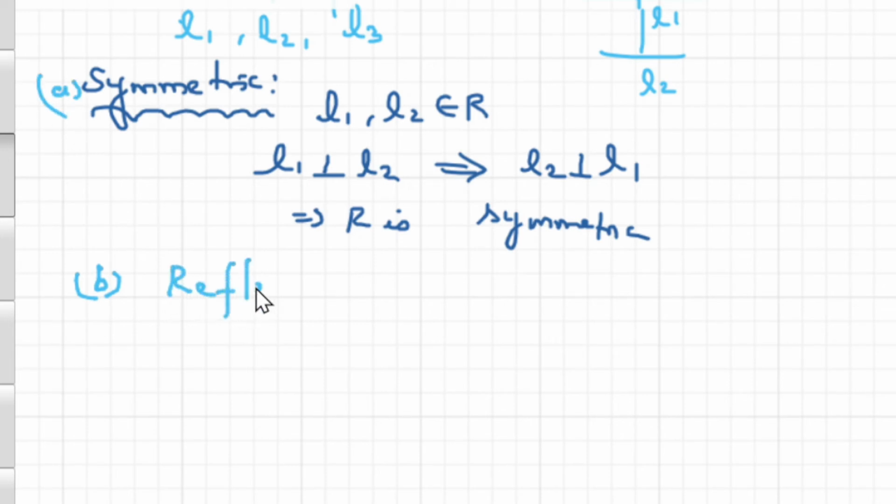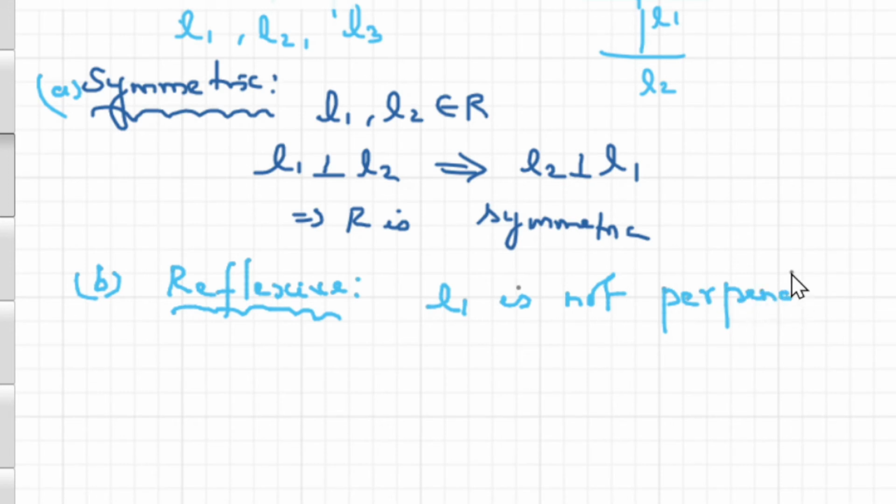We can prove one by one in order: reflexive, symmetric, and then transitive. Here we know that L1 is not perpendicular to itself. In reflexive, it's like a mirror image, we have to compare L1 with L1. So L1 is not perpendicular to L1. So R is not reflexive.